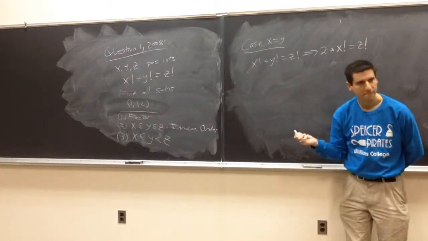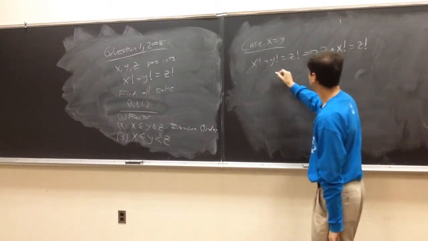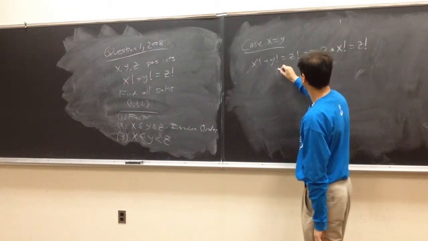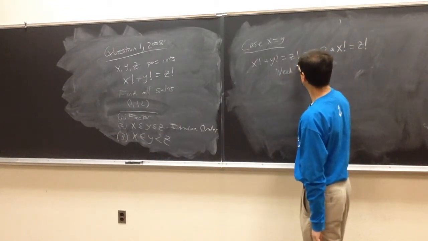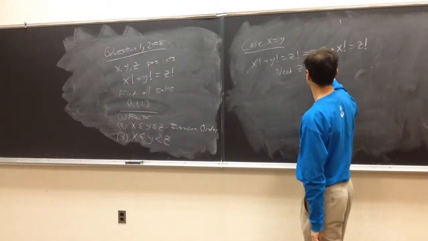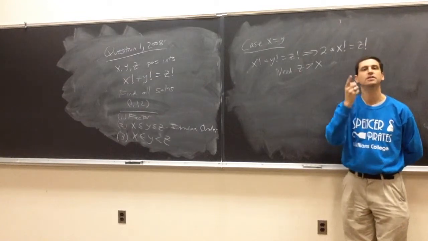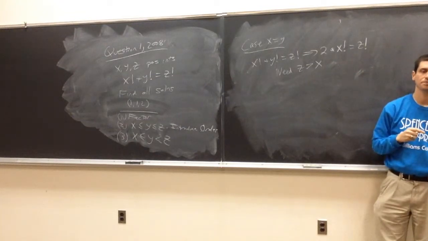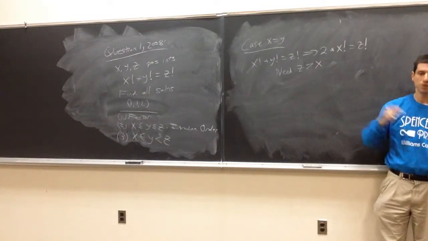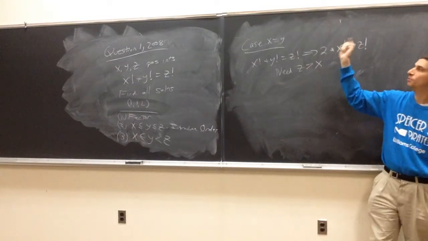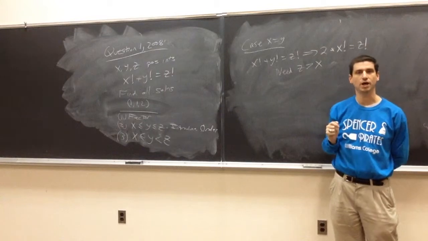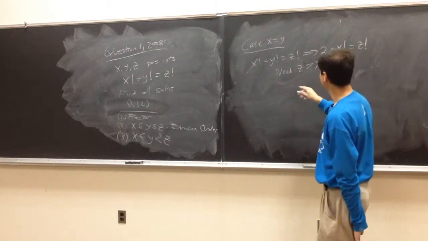So x can be 1. We clearly need z to be greater than x. If z equals x, we have a problem. Don't we also conclude that y is strictly greater than x? Well, that's what we're about to get from this. But we do have one case when x equals y. So we need z greater than x.